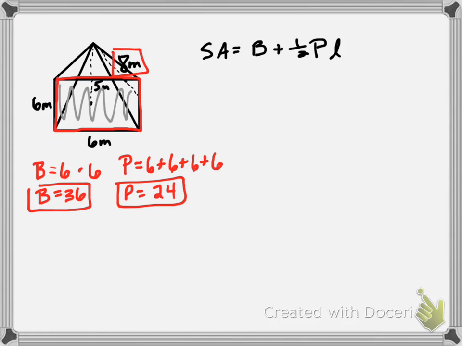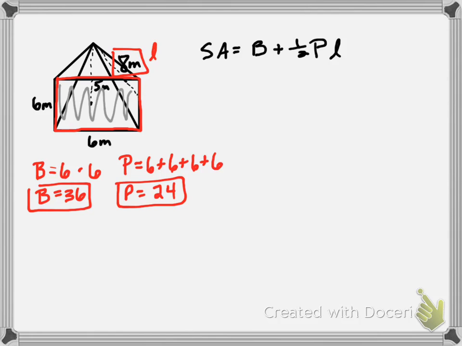And then the slant height is the 8, because the 8 is the height going up the side of the pyramid. I don't need the 5 meters. The 5 meters is the height. The height is in the middle of the pyramid, not on the outside. So it has nothing to do with the surface, so I don't use it at all.